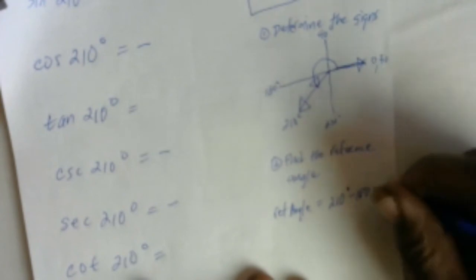You can verify that if you take a look at the reference angle chart where we had All Students Take Courses. Notice in that third quadrant, the reference angle formula was theta minus 180. So we would have a reference angle of 30 degrees.